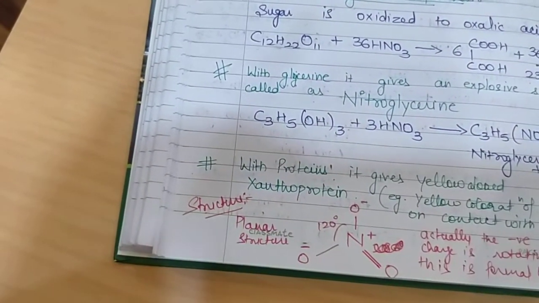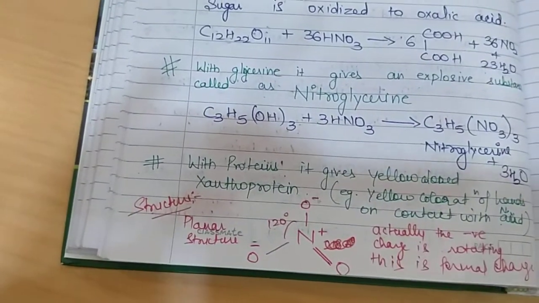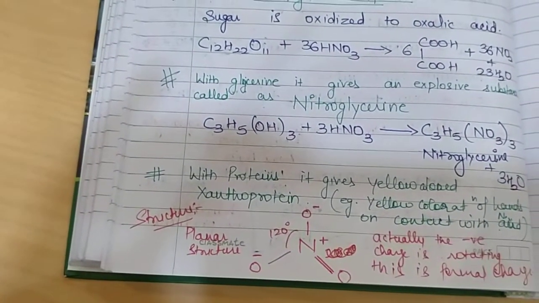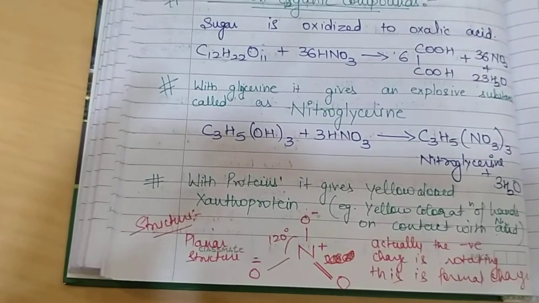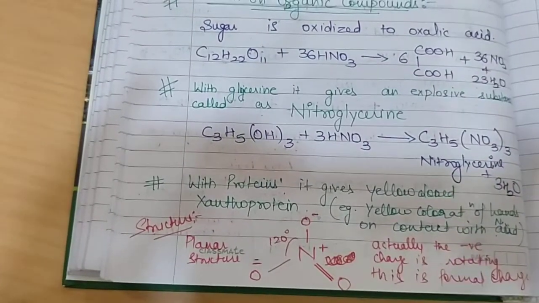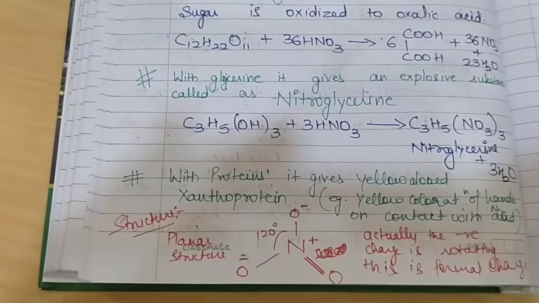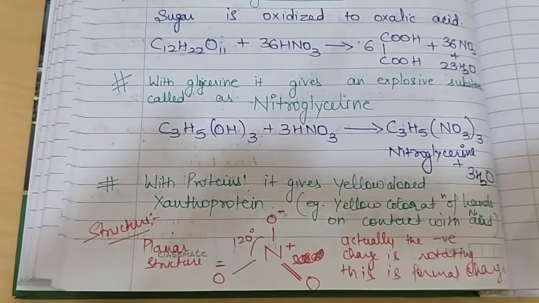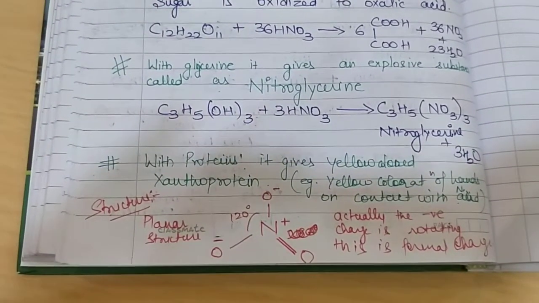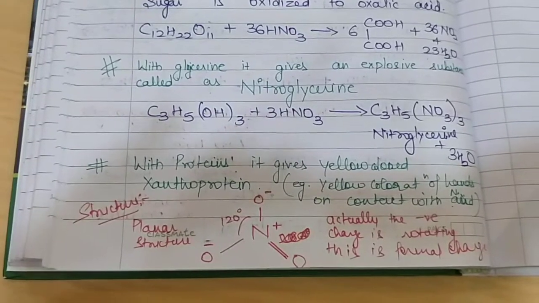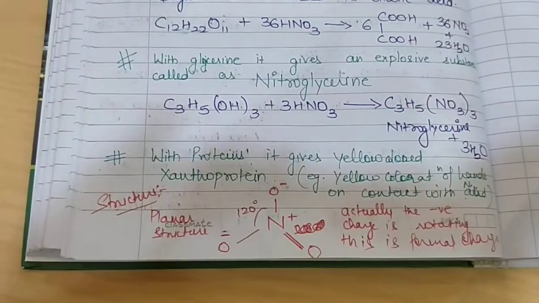This color is due to the reaction of proteins present in our skin with the nitric acid. With proteins, nitric acid gives yellow colored compounds called xanthoproteins. This is why yellow coloration of hands is produced on contact with nitric acid.